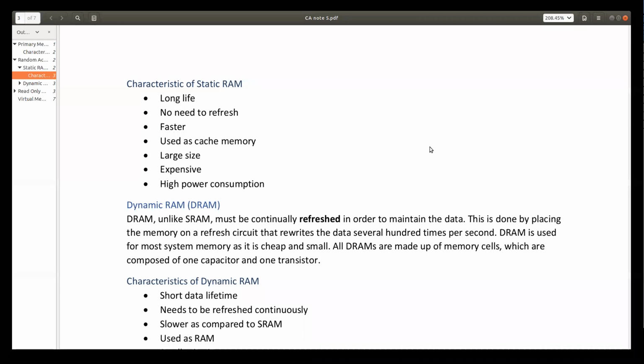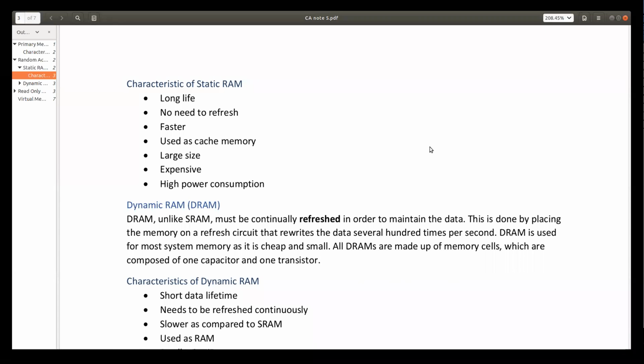Another very important thing is it is faster. Size is large, but it is expensive. Expensive means cost is higher, and it needs high power consumption. So these are some characteristics of the static RAM.